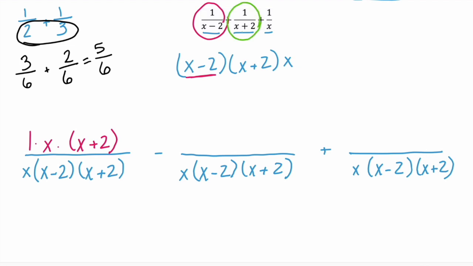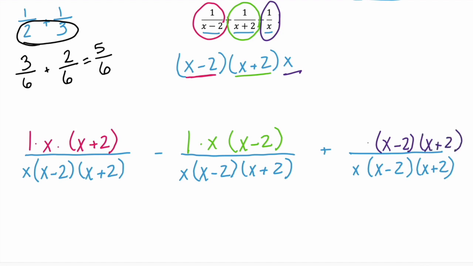It started with a denominator of x plus 2, so it's missing x and x minus 2 times that given numerator of 1. And our final fraction only had a denominator of x, so we need to multiply that numerator by x minus 2 and x plus 2. And it also had a 1.